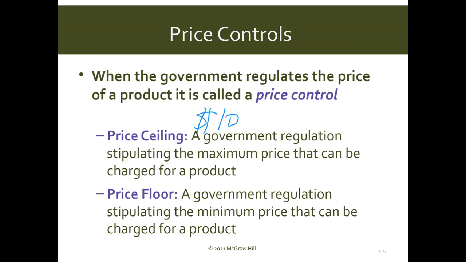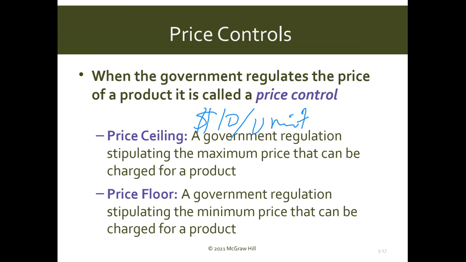What is the meaning of this? Sellers cannot charge by law more than $10. They can definitely charge $9. If they want to sell their product at $5, no issue. But they are not allowed to charge more than $10. This is what we call price ceiling.